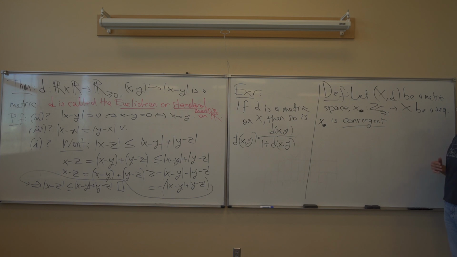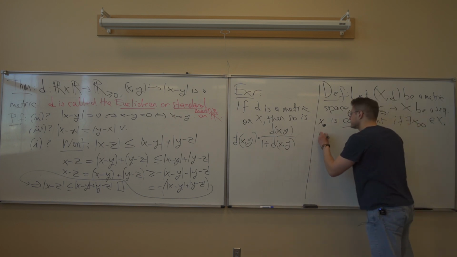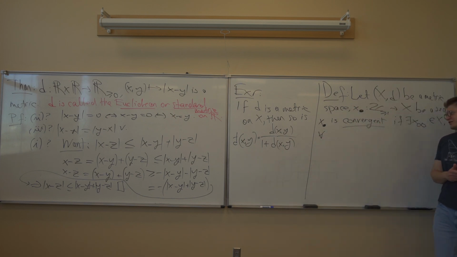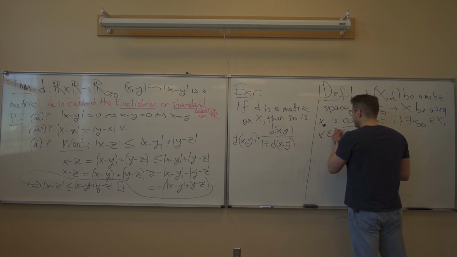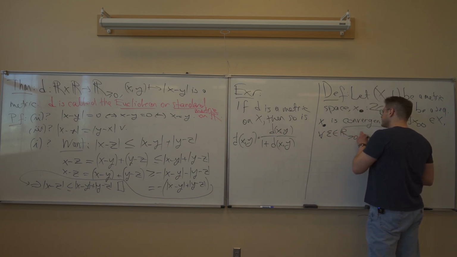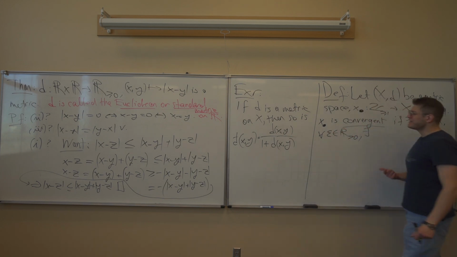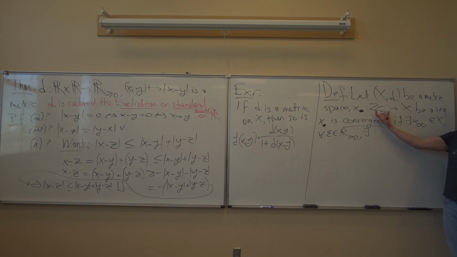It is convergent if, well, what do I need? I need a target limit, right? If there is a point, let me call it x infinity, such that, here's the famous or infamous epsilon delta stuff. For any epsilon positive, I don't have a delta here because this is a discrete space. What I want to say is that after finite time, I'm near x infinity.